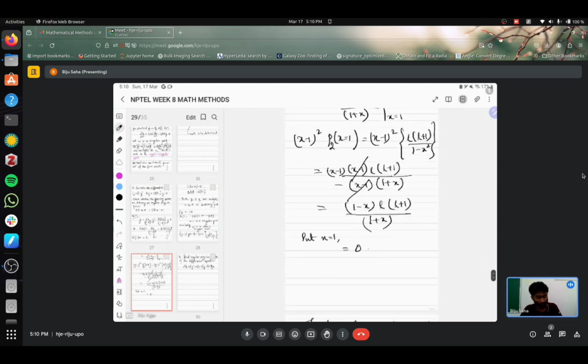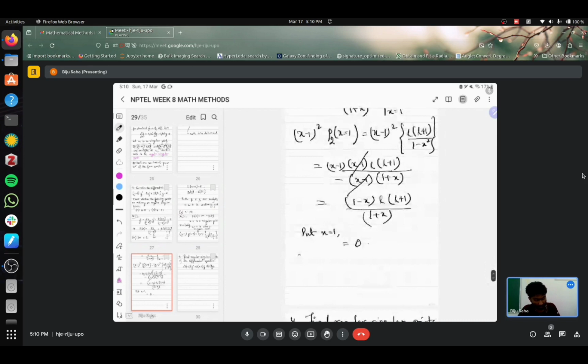So both my (x minus 1) P1(x) and (x minus 1) square P2(x) are analytic at x equal to 1. That confirms that x equal to 1 is a regular singular point.